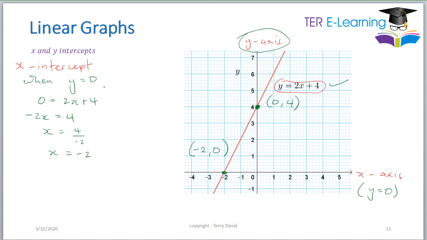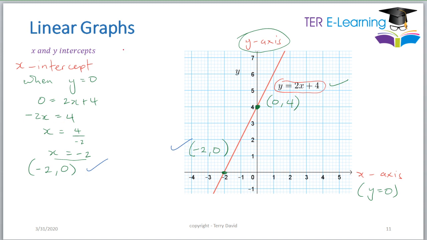So now my x-intercept is simply whatever my x value is, which is -2. And my y value, we know at the x-intercept, is equal to 0. So notice we have the same answer. This answer is the same as the one we just read off from the graph, right? So my x-intercept is found by letting y equal to 0. Okay?